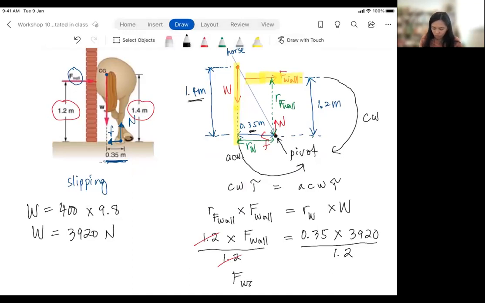F wall equals 3920 times 0.35 divided by 1.2, which is 1143 newtons.